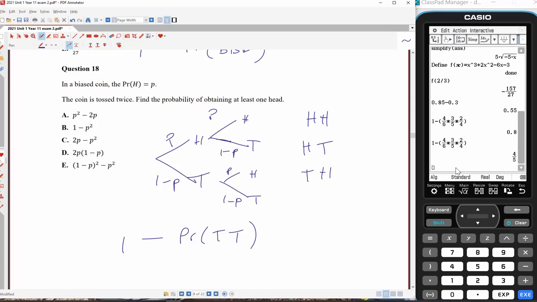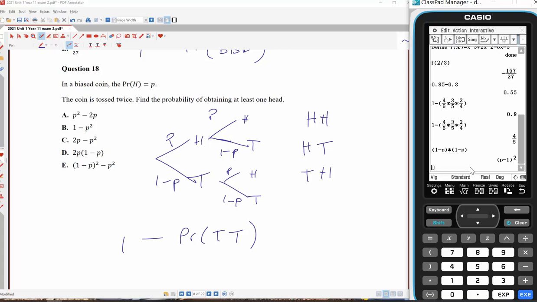Alright, so the probability of tail, tail is going to be 1 take P times 1 take P. You guys can use Z there if you want. So there's that. 1 take away that.